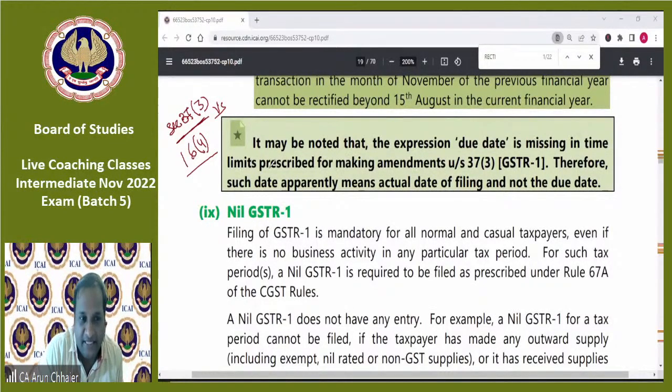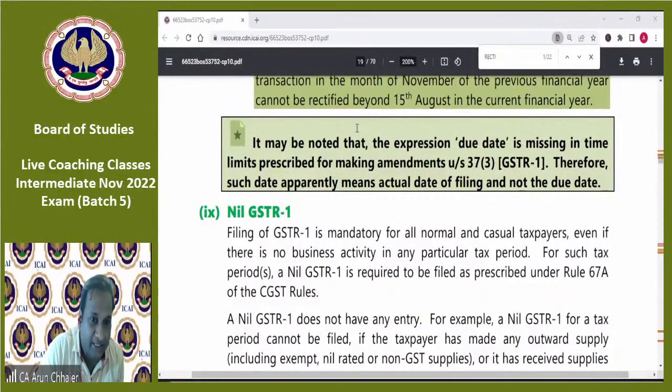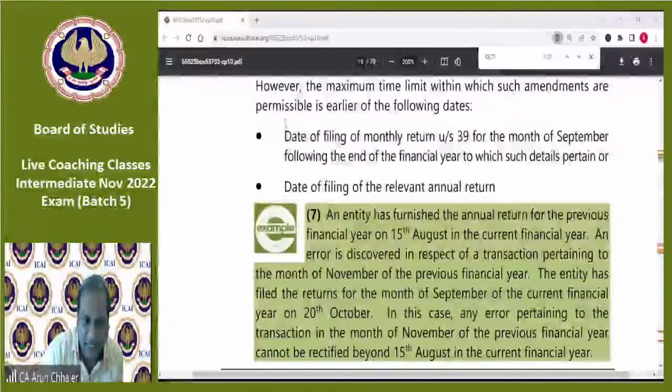If you go to the 16.4, there is the word due date. But in the section 37.3, they are talking about the actual date of the filing of the GSTR 3B. So that is the difference. You always remember, something is different. Date of the filing, not the due date of the filing.